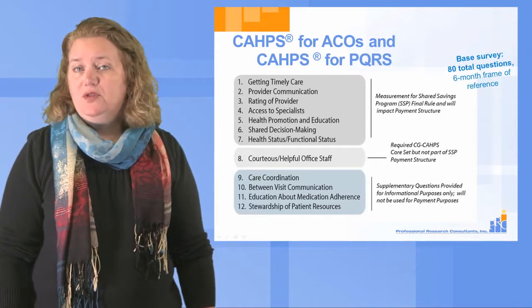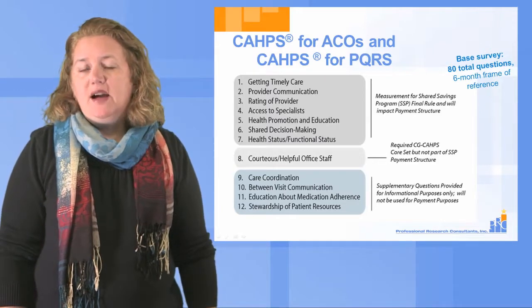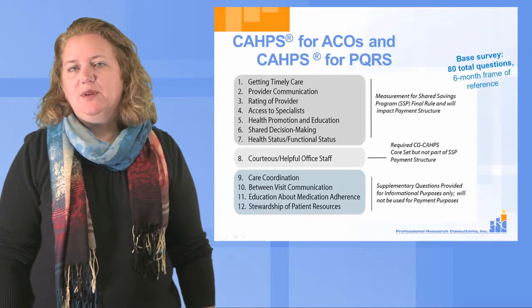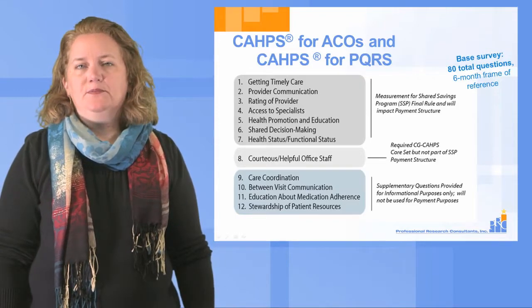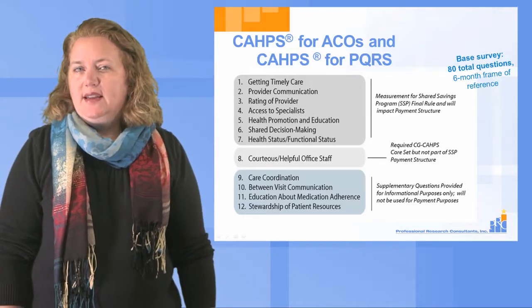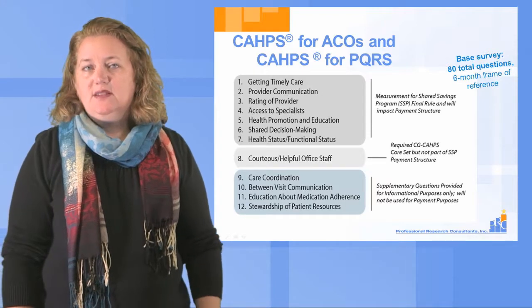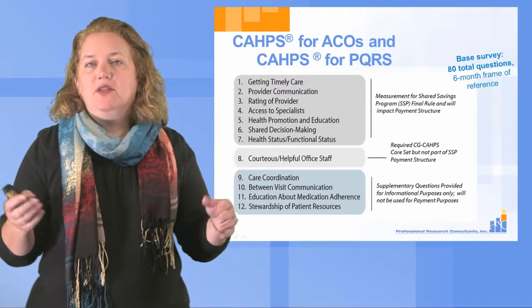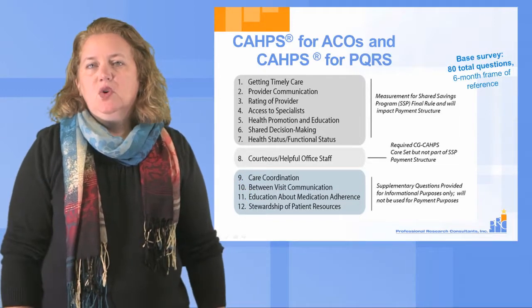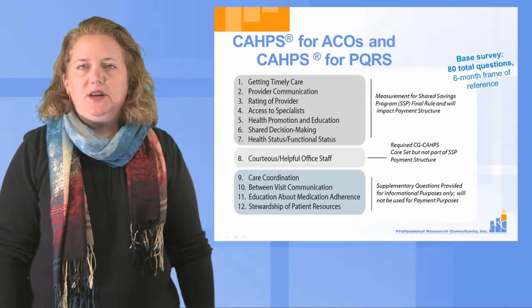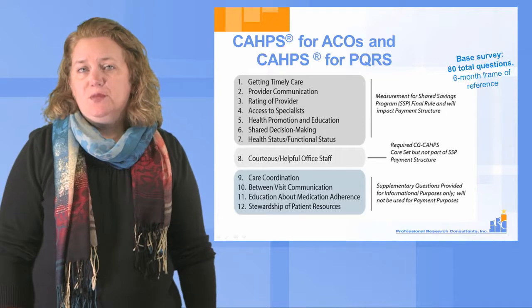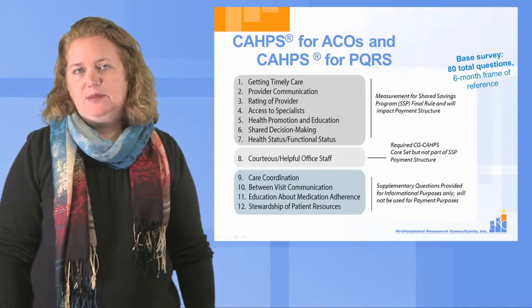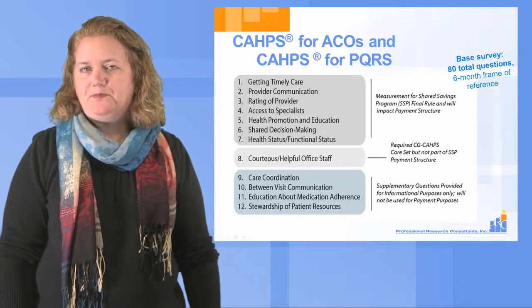Some of them are brand new topics that CMS felt would be valuable to track related to patients' experiences in their doctor's offices. These tools give us a great example of how CMS began with the CG-CAHPS core survey and then expanded it to include other topics of interest. We can expect to see this type of development occurring when they institute future measurement programs for other non-hospital-based services.